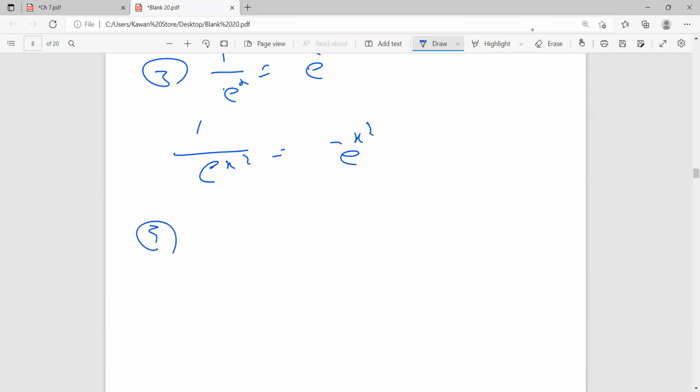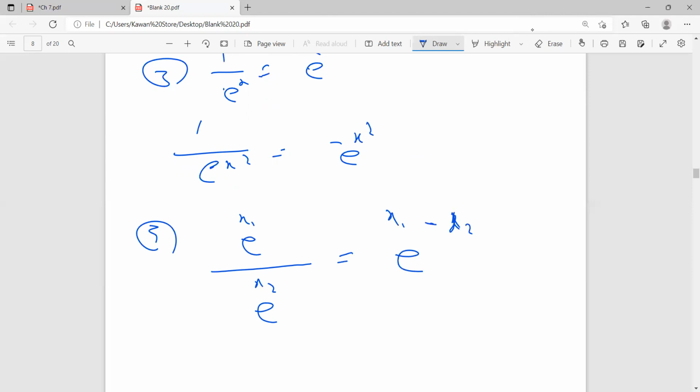The third one depends on the second one. You say e to power x1 over e to power x2 is equal to e to power x1 minus x2.